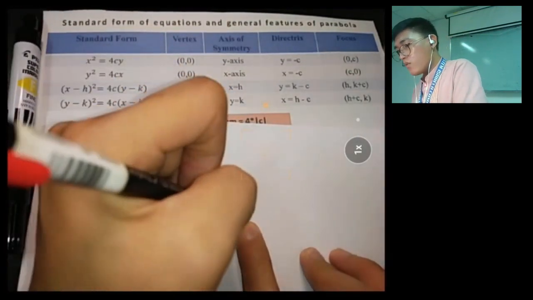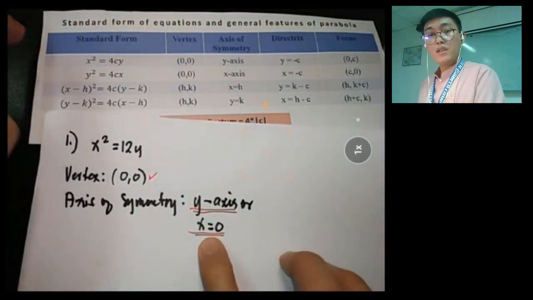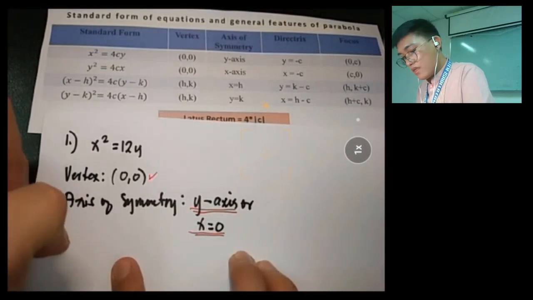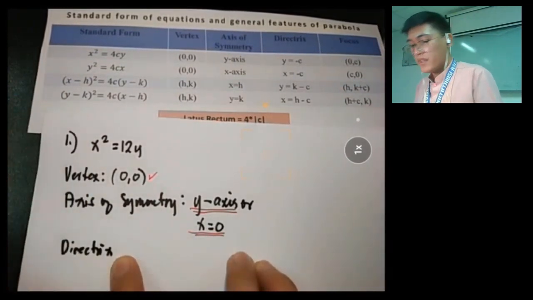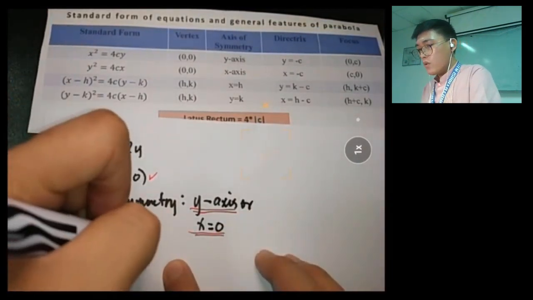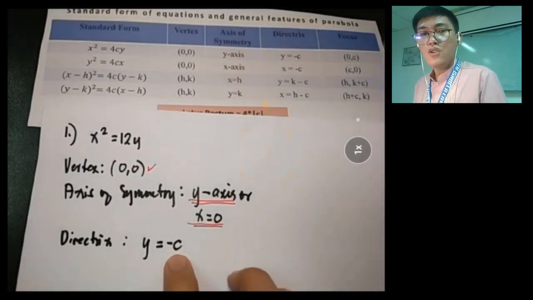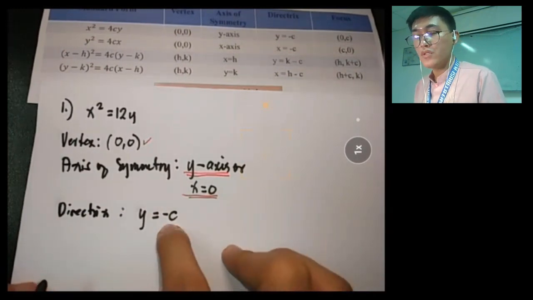It's either y-axis or x is equal to 0. Next, we also have here the directrix. The directrix has an equation of y is equal to negative c. The thing you just need here is the value of c, but how are you going to do that?